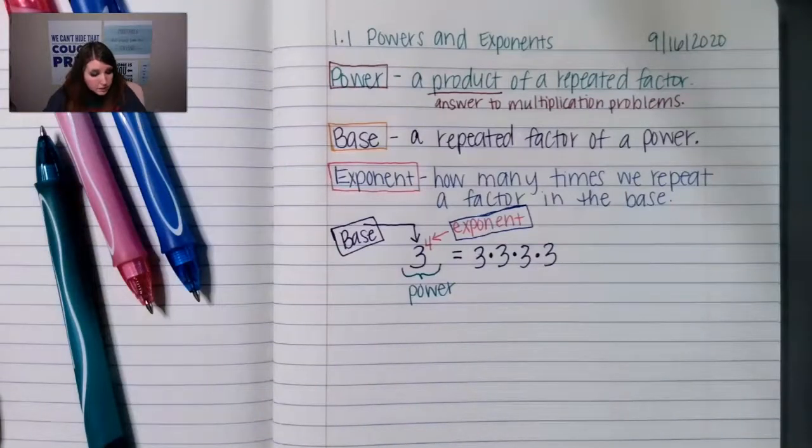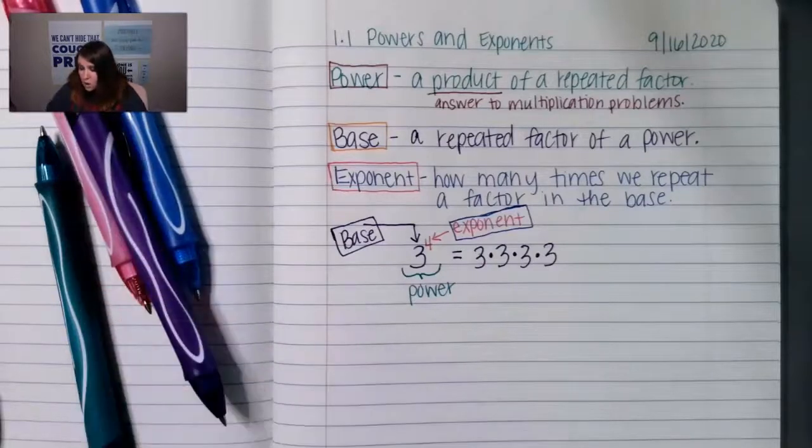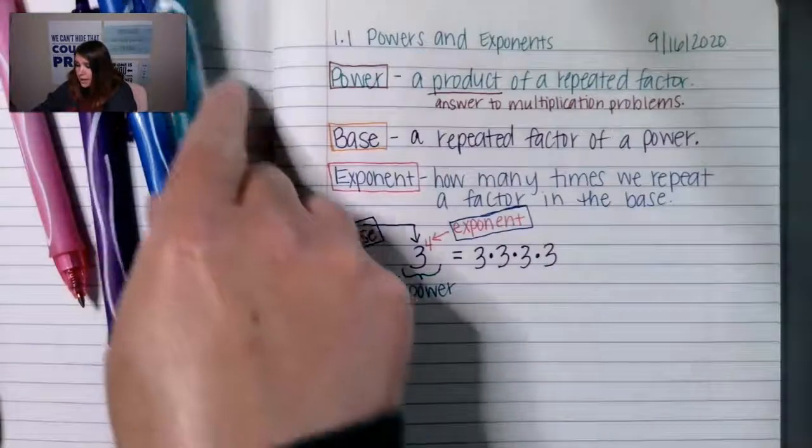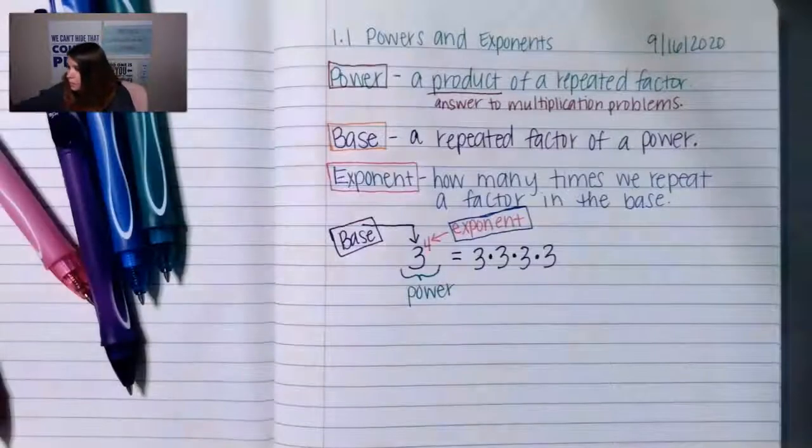All right, so now we're going to drop down and talk about what it means when we write expressions as powers. So we're going to go ahead and write example 1 in our book here.